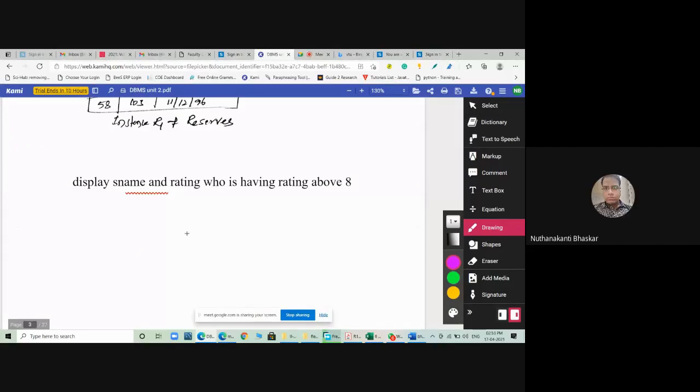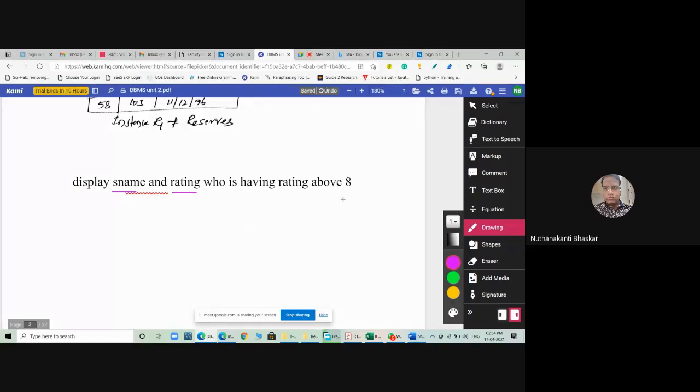Meaning, we have to display only the S name and the rating columns out of 4 columns. And rating above 8 means rating must be more than 8. So you need to display only these two things, S name and rating, out of 4 columns.